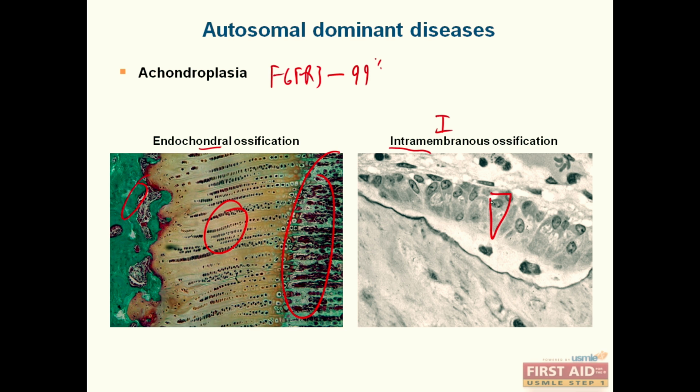And what cellular organelle do osteoblasts need to make all this type 1 collagen? That would be the Golgi, since they're exporting lots of protein and the Golgi is involved in transport. And you can see the Golgi as this lighter area here near the nucleus. The defect in achondroplasia is endochondral ossification. So this is why you have short limbs but relatively normal size of other bones.